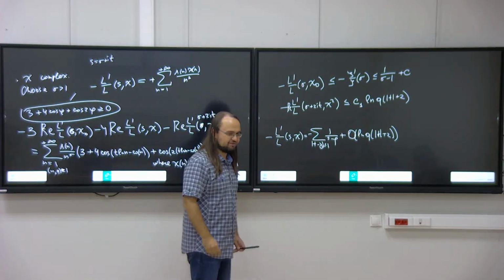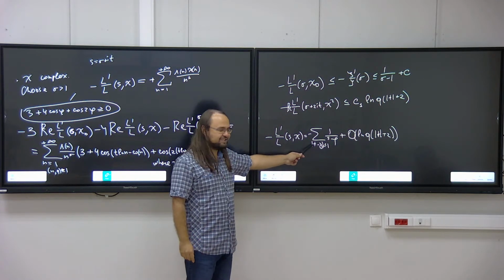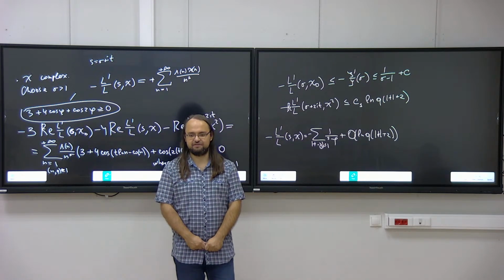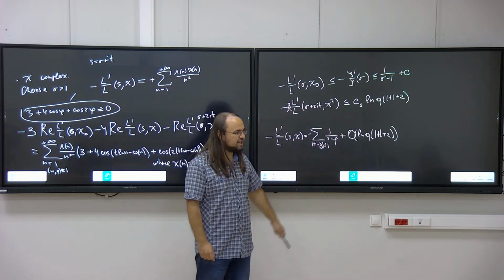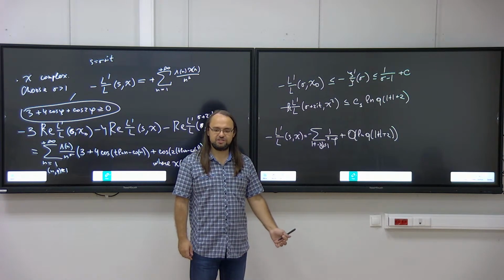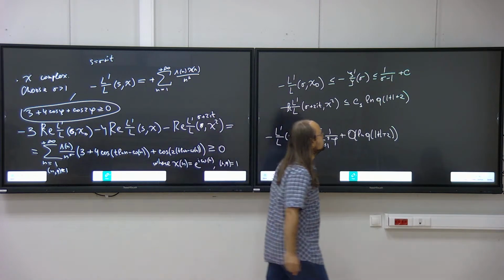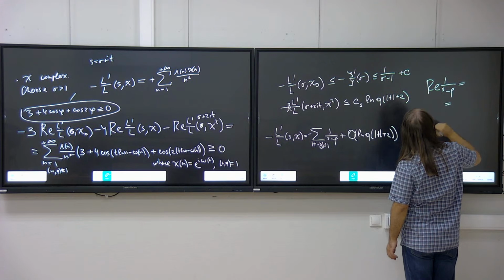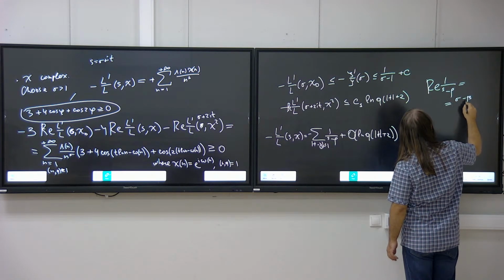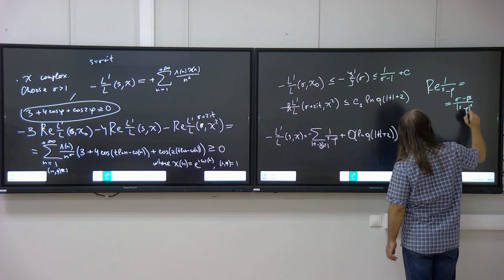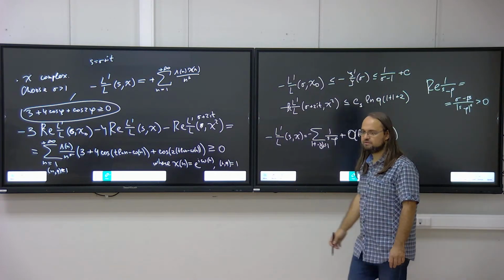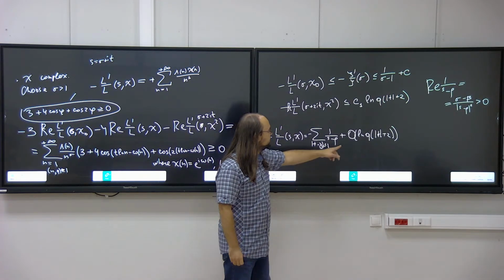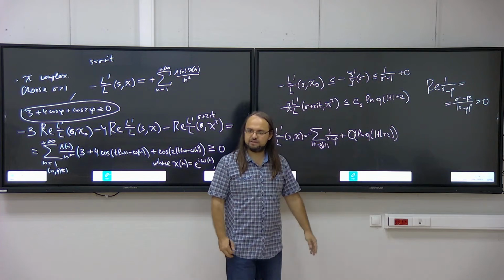First of all, you need to take the real part, and then you need to notice that the real part of 1 over s minus rho is positive, and so the contribution of this sum is non-positive, right? Real part of 1 over s minus rho is equal to sigma minus beta divided by absolute value of s minus rho squared, which is positive. So you can estimate this real part by this error term, and you get the desired result.